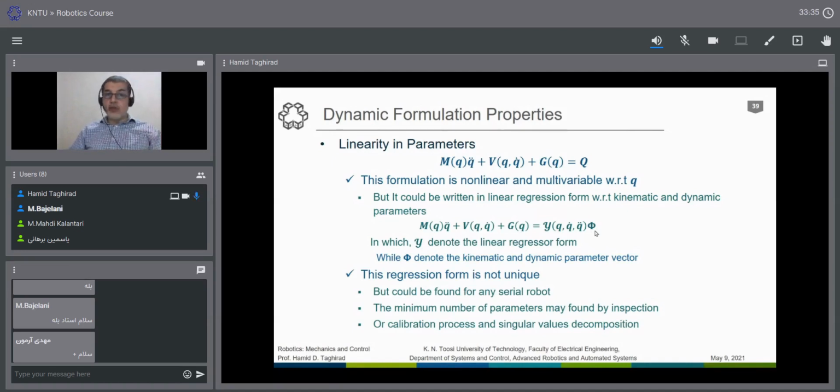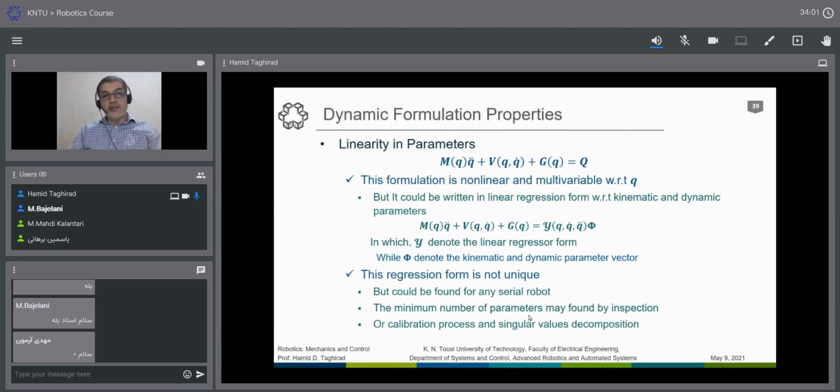A lot of work has been done on this, since it is very useful in control: we can find a minimum number of parameters that are identifiable. This can be found by inspection, as I mentioned, to see which parameters come into the dynamic formulation and which ones do not.